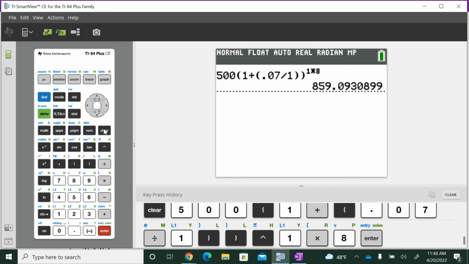Now, if you're using a different type of calculator, it might not necessarily put your exponents together. You might have to put your exponents in parentheses, especially those of you with a TI-83.